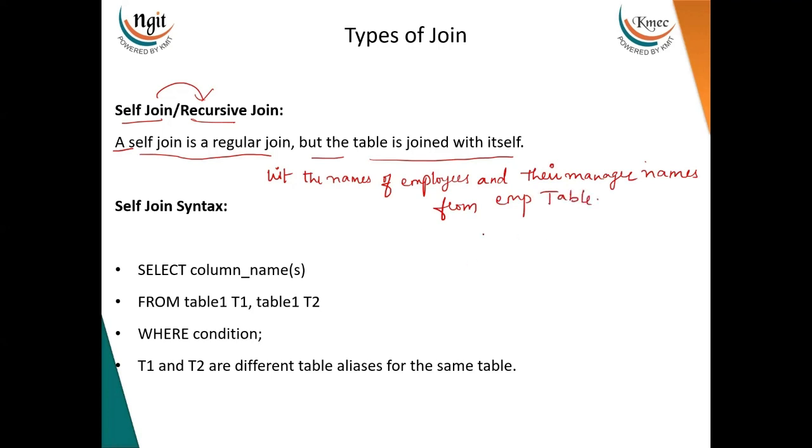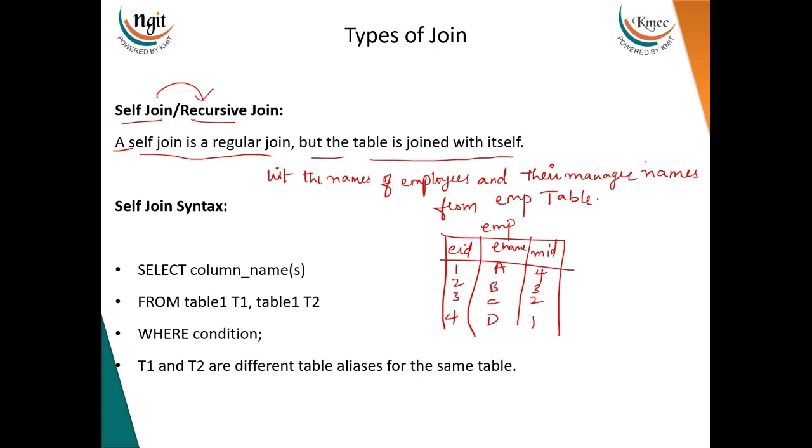Firstly, let us consider an employee table. So this is my employee table name, and we have attributes like employee ID, employee name, and we have another one which is manager ID. The question is you have to retrieve the name of the employees as well as manager names.